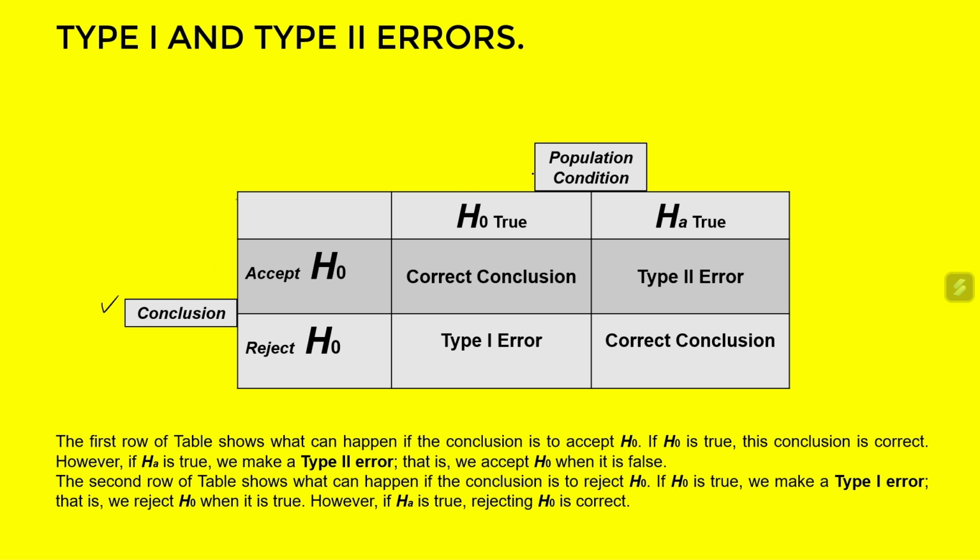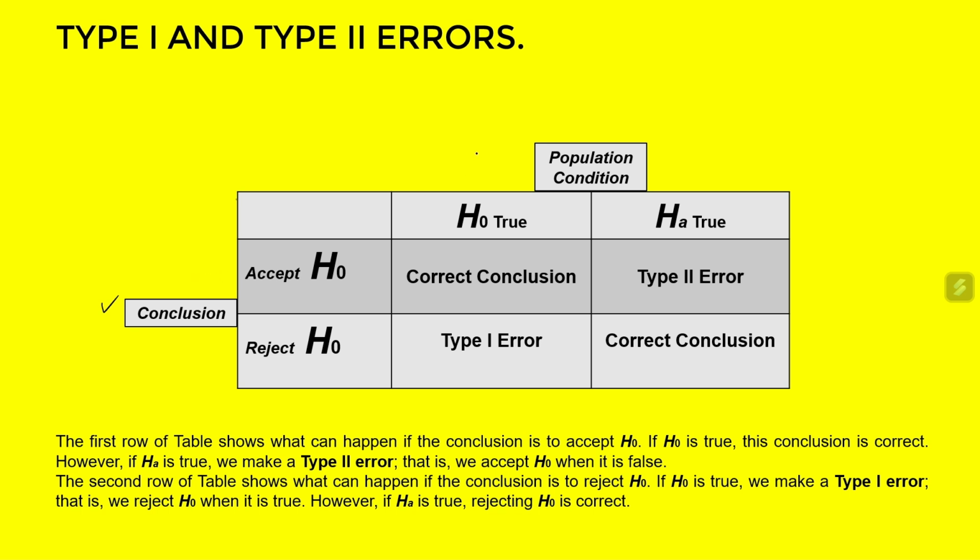Conclusion is what we conclude at the end of a particular problem: whether to accept H0 or to reject H0. These are the two conclusions given. Let us understand what it says.